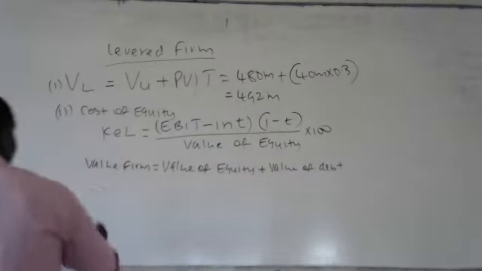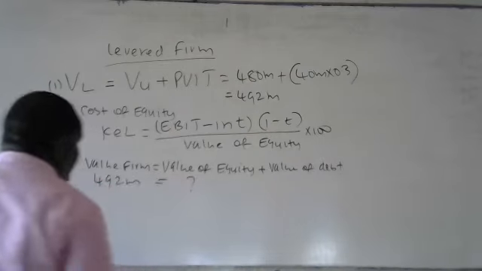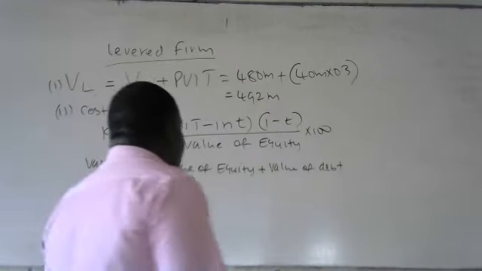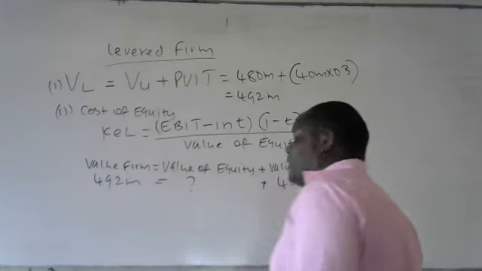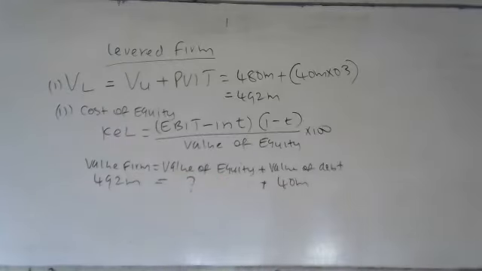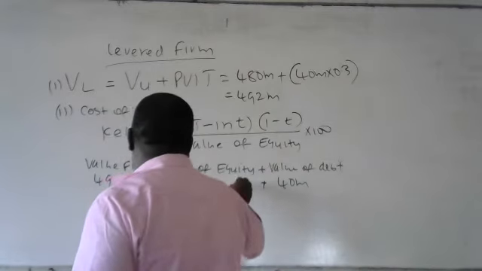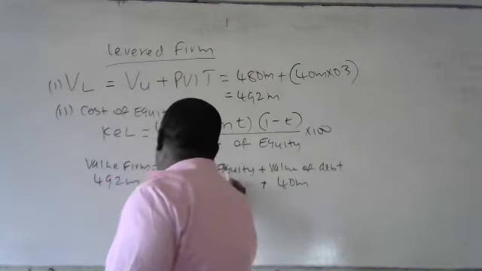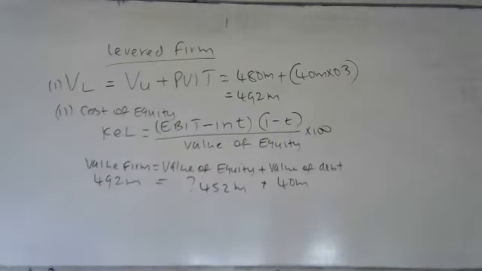Value for the farm is 492 million. Value for equity, we don't know the figure. But value for the debt is how much? It is 40 million. So what will be the value for equity? It is 452 million. So now we get our KEL.